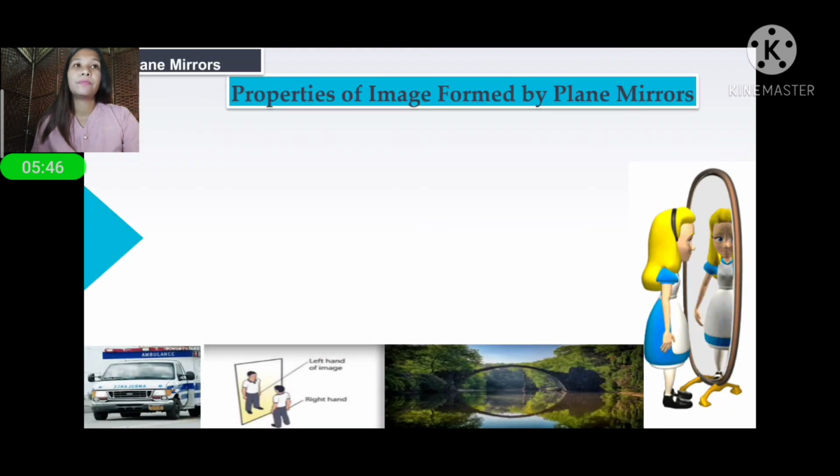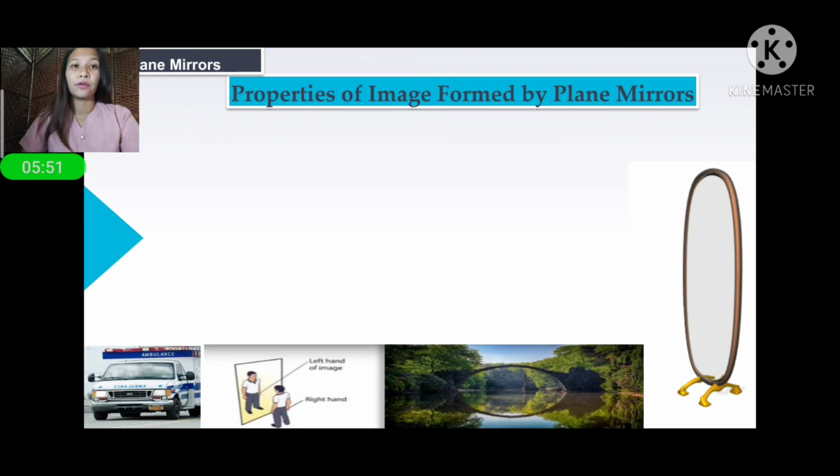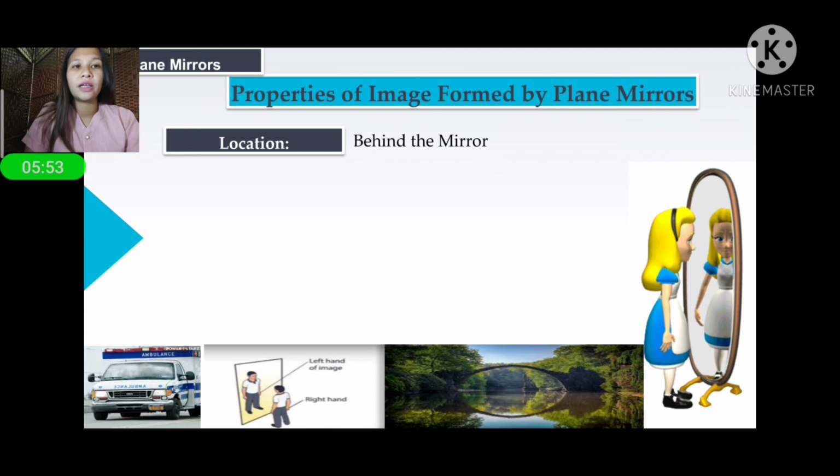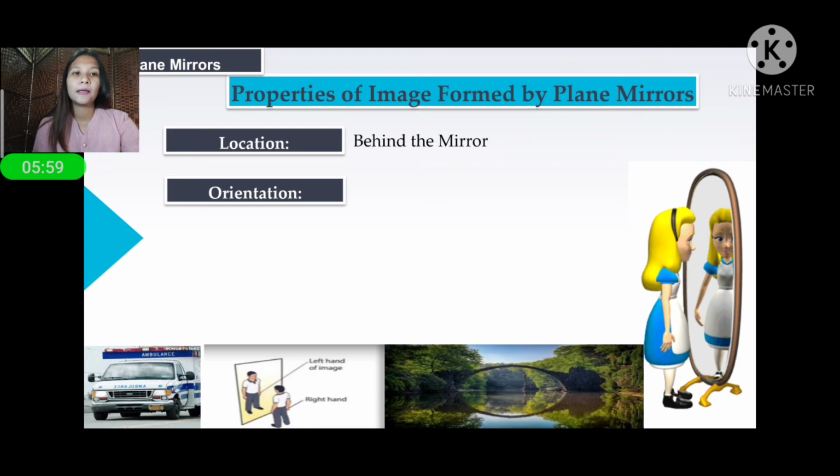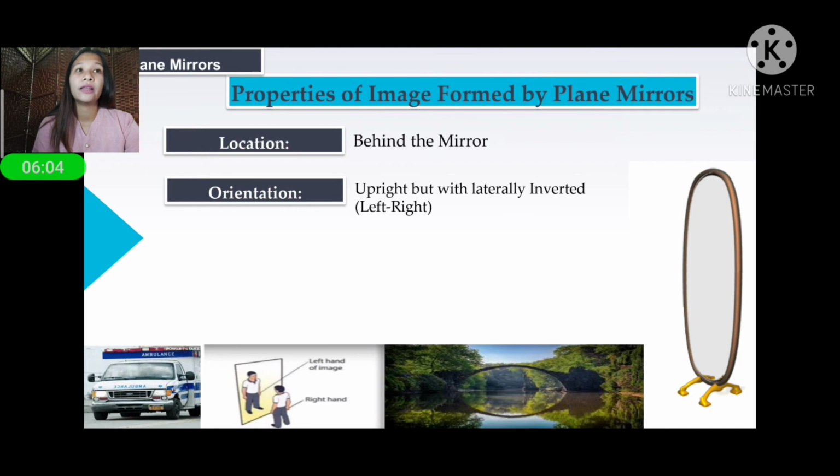We have different properties of images formed by plane mirrors. For location, it is behind the mirror. In orientation, it is upright but laterally inverted, or left to right.